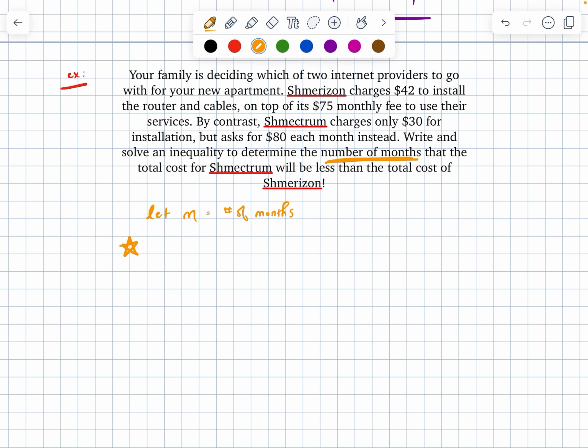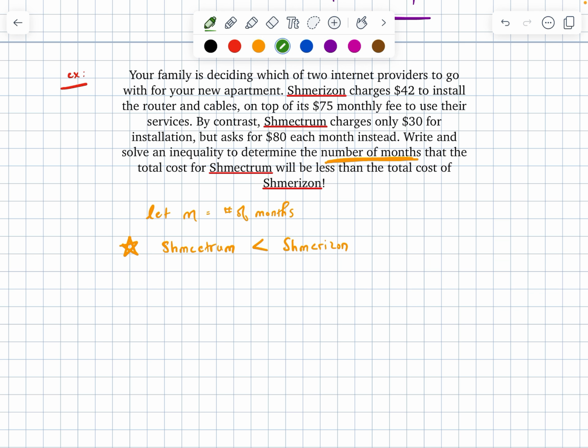In this case, what do I know? Well, reading the end, I want the cost of Schmectrum to be less than the cost of Schmerizon. So for my inequality, I want the total cost for Schmectrum to be less than the total cost for Schmerizon.